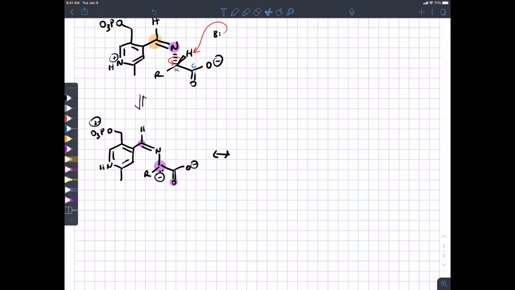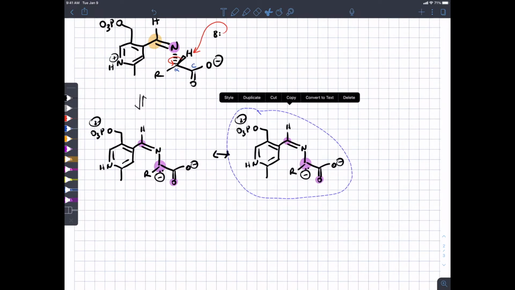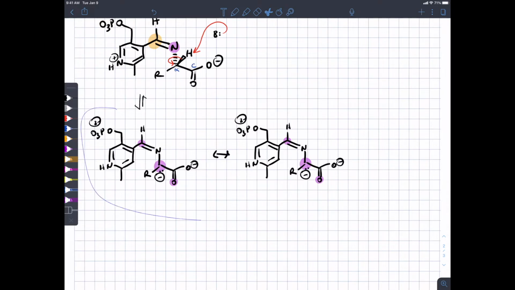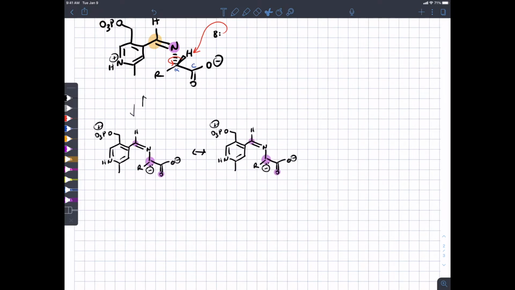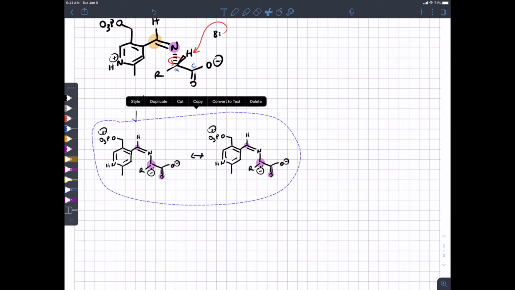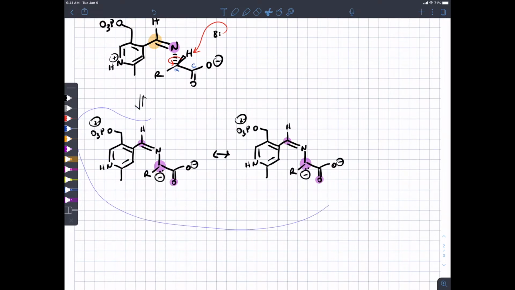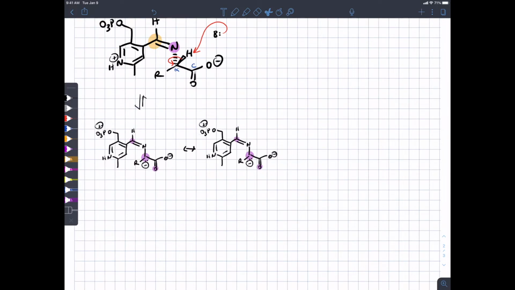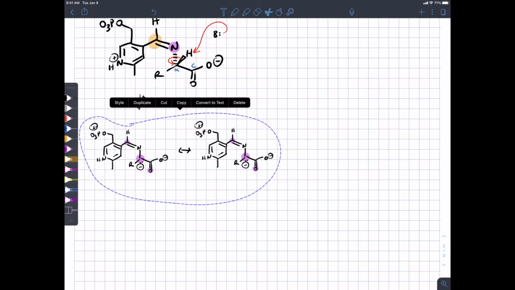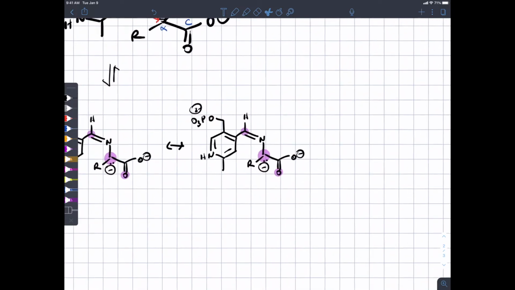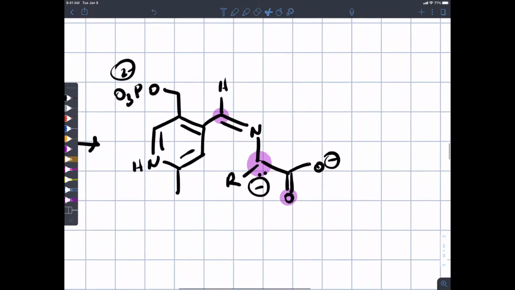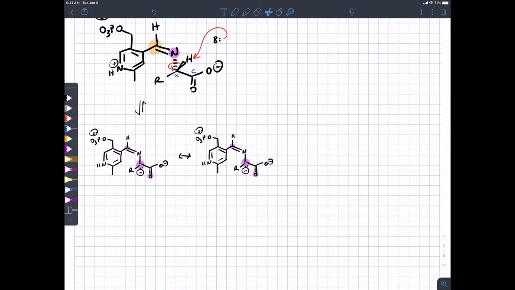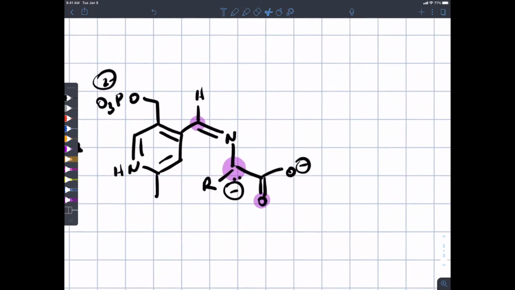I'm going to draw those 3 resonance structures, but because I don't want to spend all the time to do it, I'm going to copy and paste. I know that's irritating to those of you who are using paper, but you're not going to need to copy this down. You can come back in your notes and do it later, or you can get the PDF notes from me.